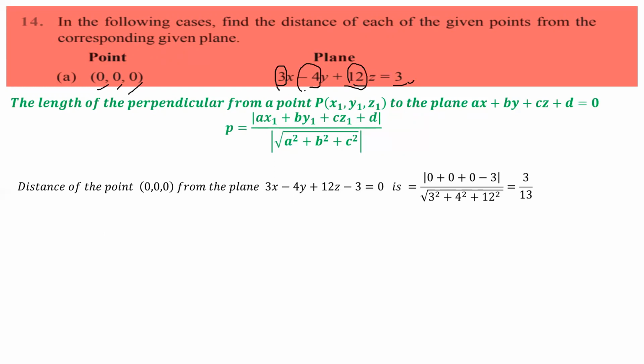So 9 plus 16 plus 144, and then taking its root it will be 13. So the perpendicular distance between the point and the plane is given by 3 upon 13 units.